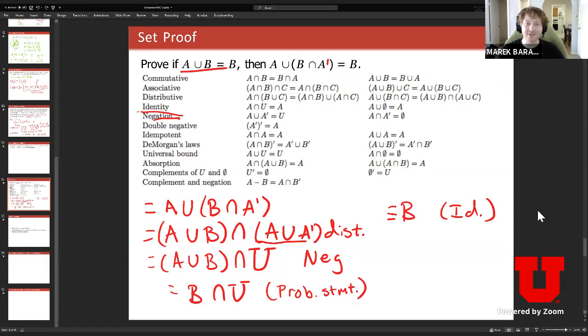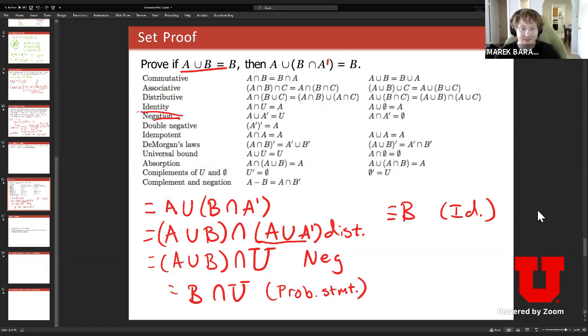Some other things. Please make sure to match your page, your questions to the problem numbers in the quiz on Tuesday. Brendan asks, how did we use negation in the second to last one?